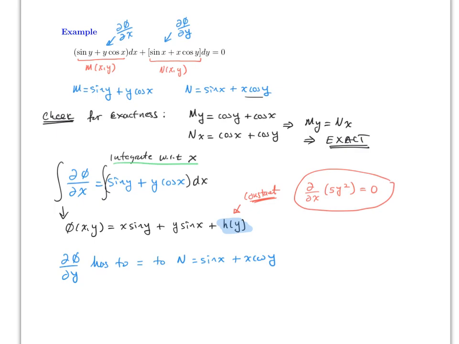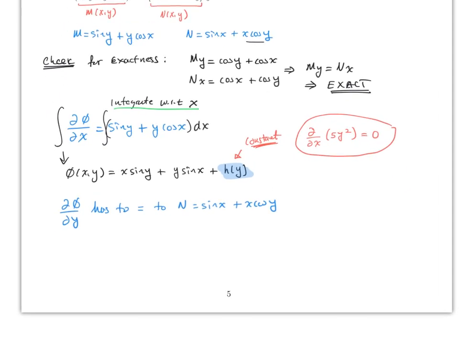So therefore, if we take the partial of phi, which will be this, so if we do the partial of phi with respect to y, the derivative of this with respect to y is going to be x cosine y, and the derivative of this with respect to y is going to be sine x plus h prime of y.